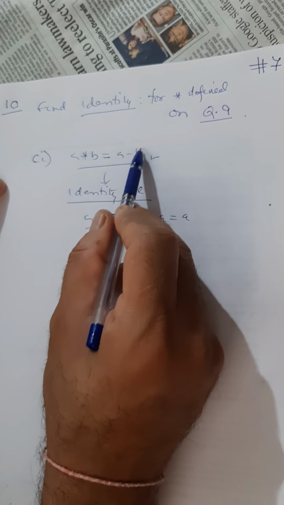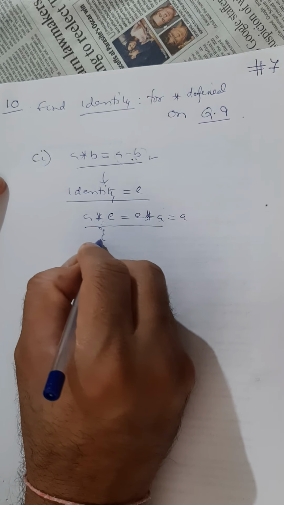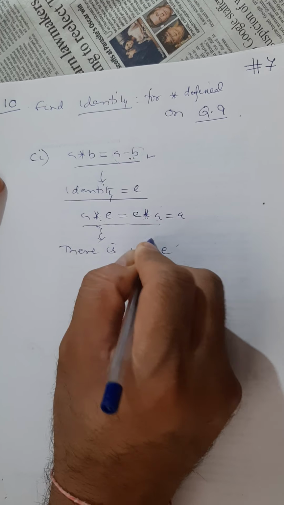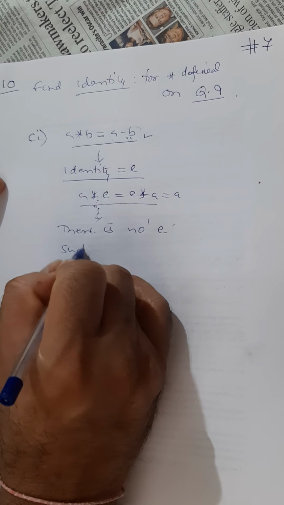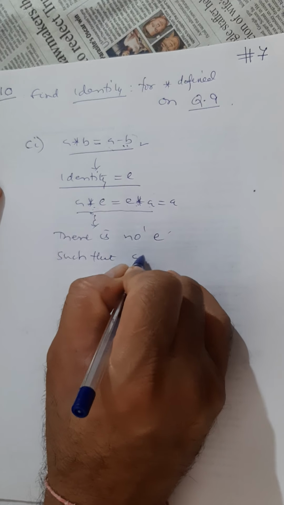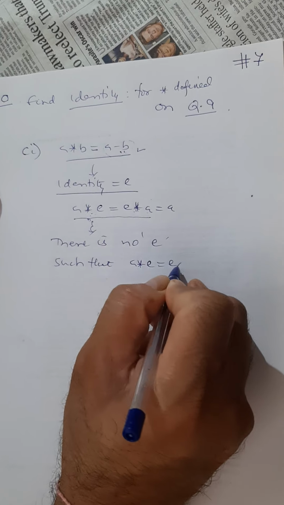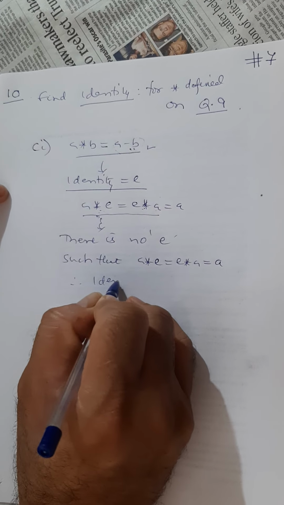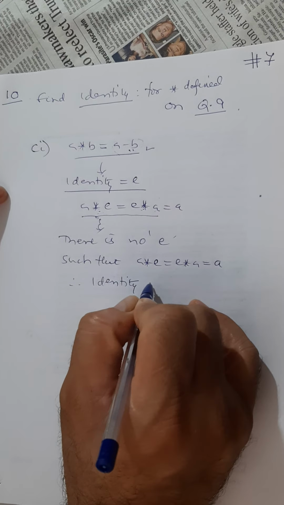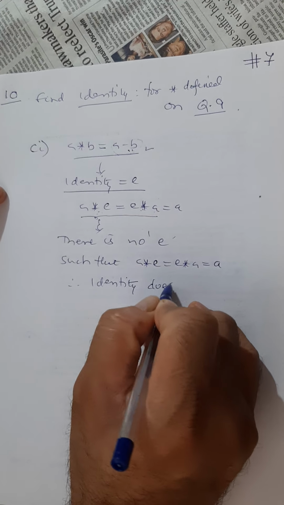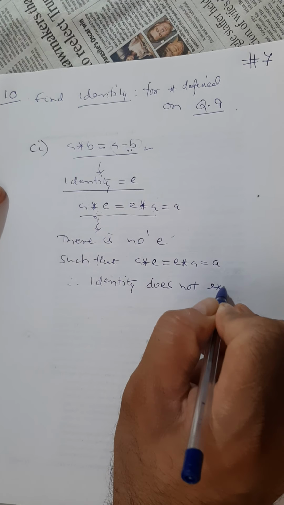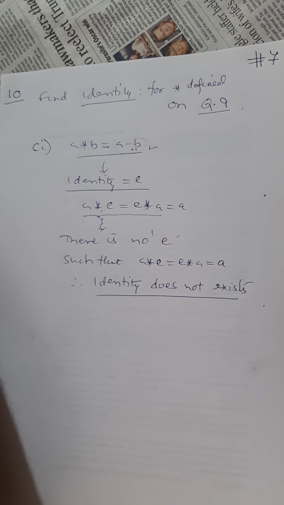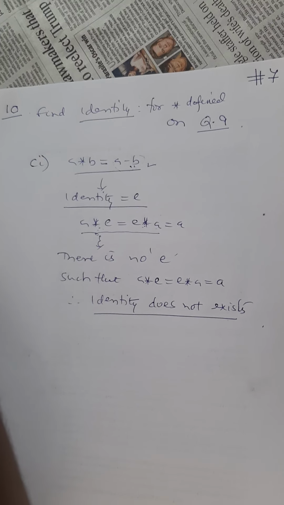Here you already noted that this is non-commutative, so you can say that there is no e such that a asterisk e equals e asterisk a equals a. So therefore identity doesn't exist here. You know it, for subtraction you cannot find such a member. Identity element here doesn't exist.